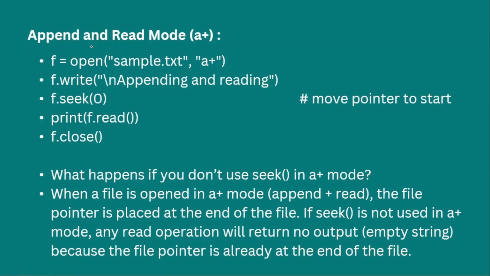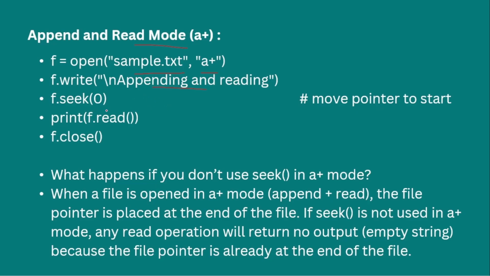Okay, so the next topic is append and read mode, A+. So here we have this sample.txt file and it is opened in A+ mode, which is append plus read mode. Since we are appending, the data will be added at the end of the file. Now in order to read that file, because the pointer is at the end of the file, if we read from there, it will give us an empty string.